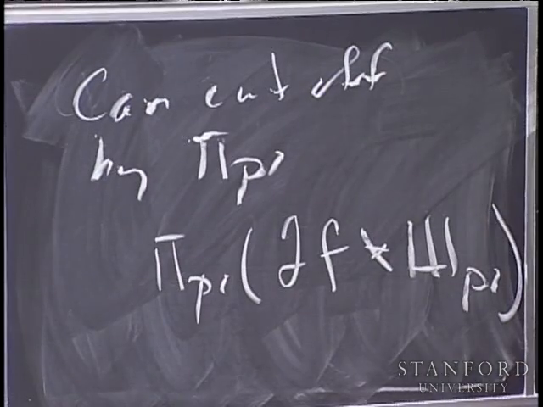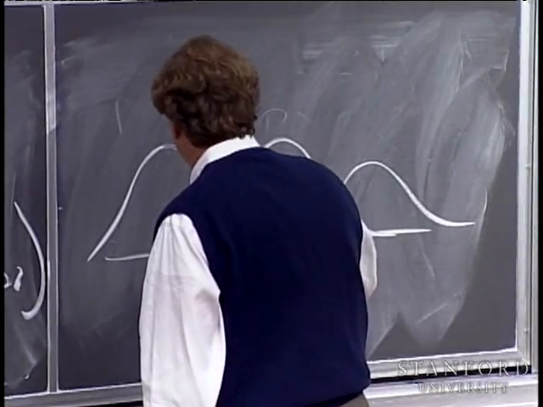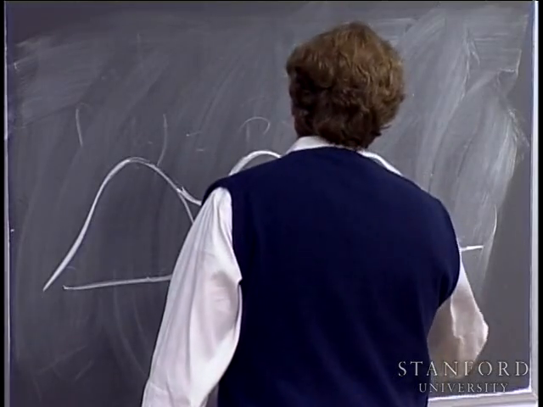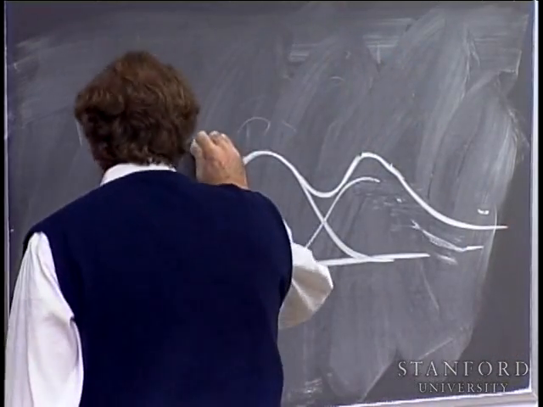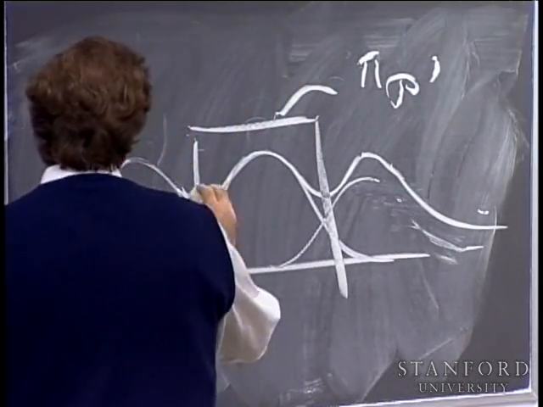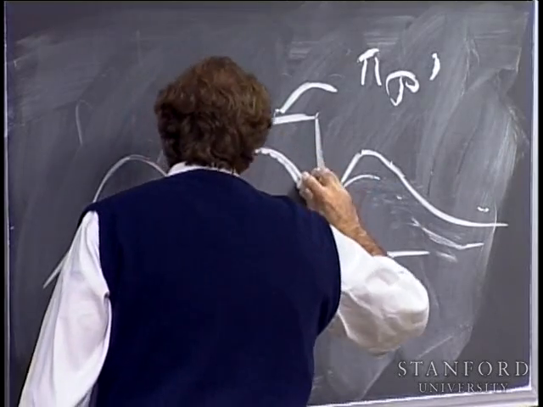I'll just try doing two things. So the picture is something like, here's b prime, here's the new curve by the sum. This goes like that. If you cut off by the rectangle function, then the curve you get is this.